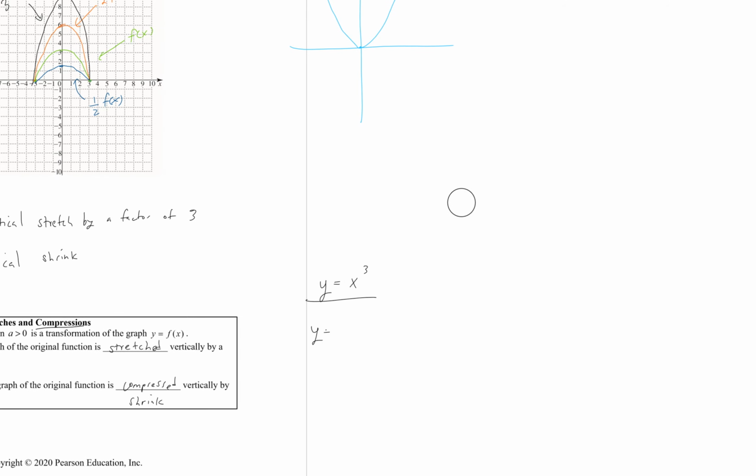If I say 7 times x cubed, this is a vertical stretch. Hope you realize it's a stretch because it's bigger than 1. If I say 0.7 x cubed, then it's a vertical shrink because this number is between 0 and 1. It's less than 1.